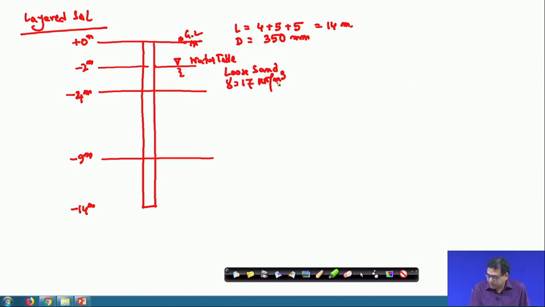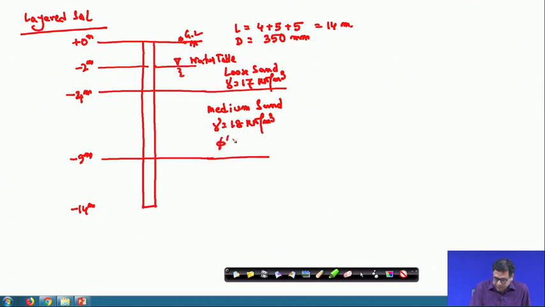The second layer is medium sand, and the unit weight is taken as 18 kilonewton per meter cube. Phi dash is 34 degree for the second layer, and phi dash is 30 degree for the first layer.